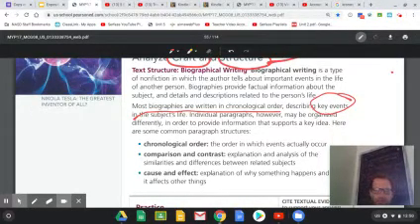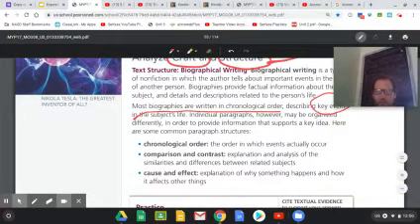Here are some common paragraph structures. Chronological order, the order in which events actually occur. Comparison and contrast, the explanation of similarities and differences between related subjects. Cause and effect, an explanation of why something happens and how it affects other things.